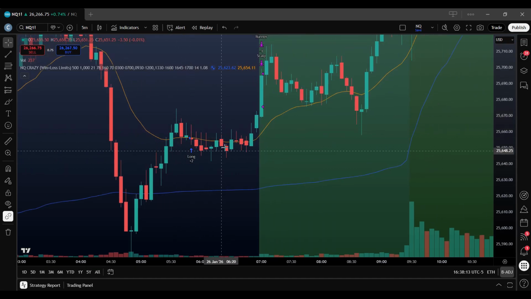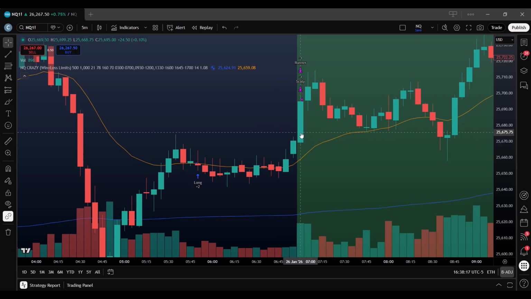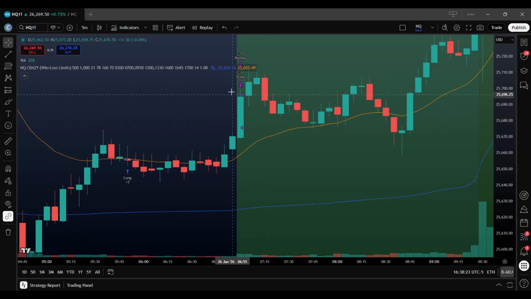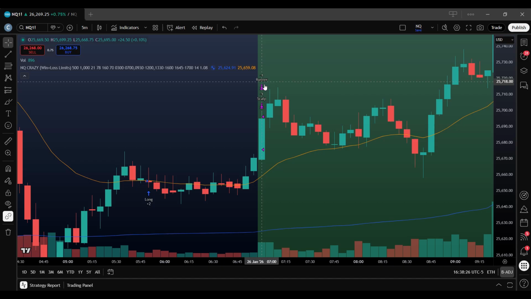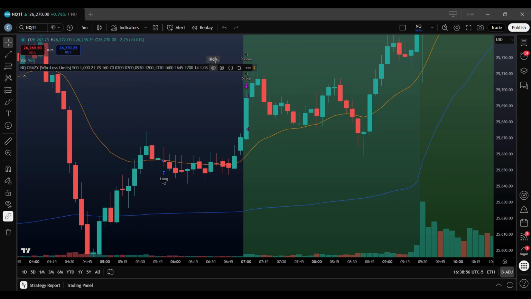Enter two contracts. One contract is a scalp, which is taken there on that purple line, indicated scalp, and then the second contract, which is a runner, was taken there. There was a stop loss as well.